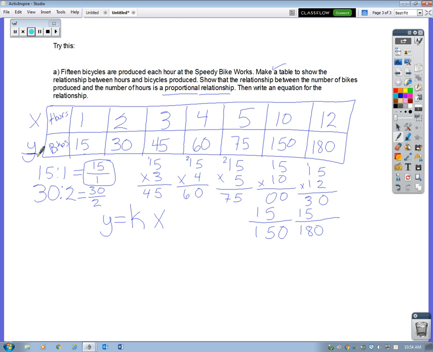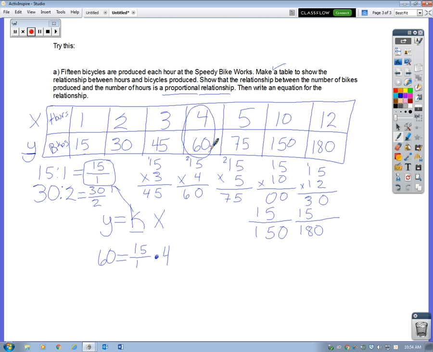Let's say 60 equals. And for k, we're going to use 15 to 1. And our x is going to be 4 because 60 and 4 are a pair in our table.